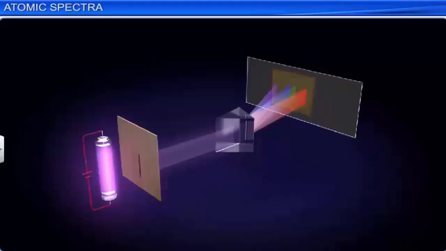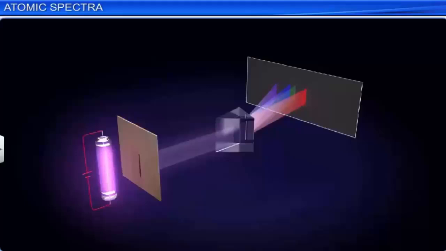For example, the spectrum consists of light of wavelengths 6563 angstrom and 4861 angstrom in the visible region. A hydrogen sample also emits radiation with wavelengths greater than those in the visible region.